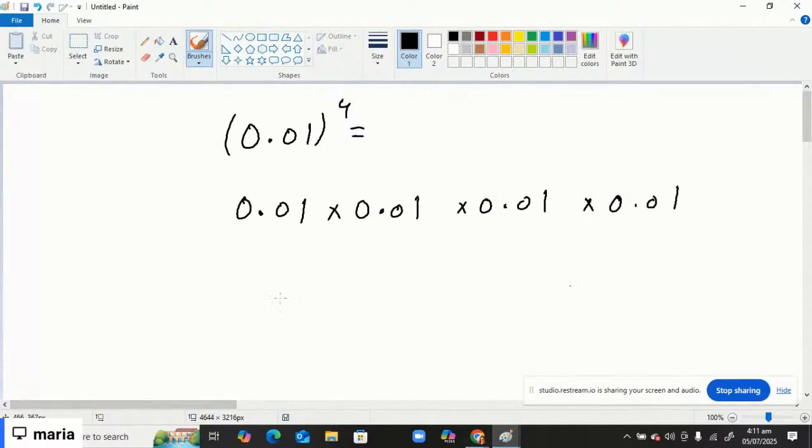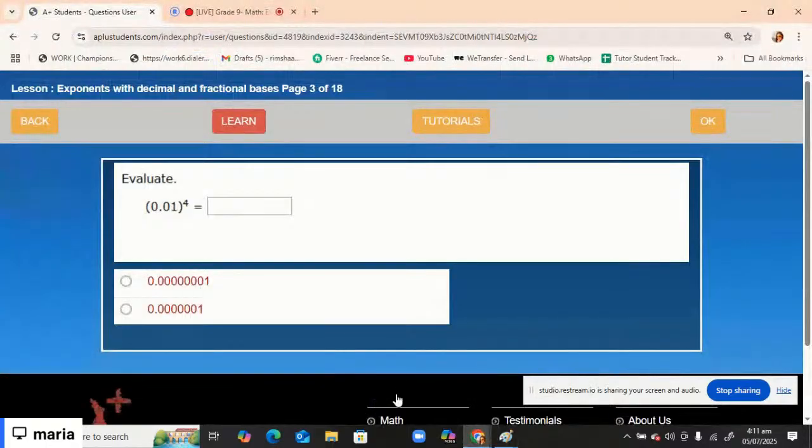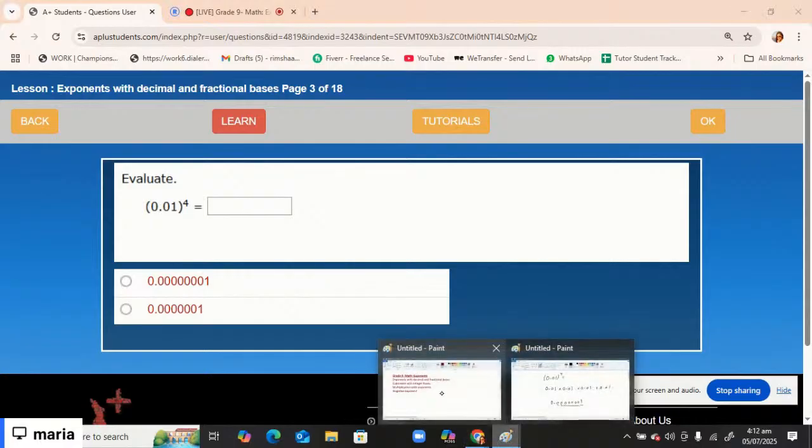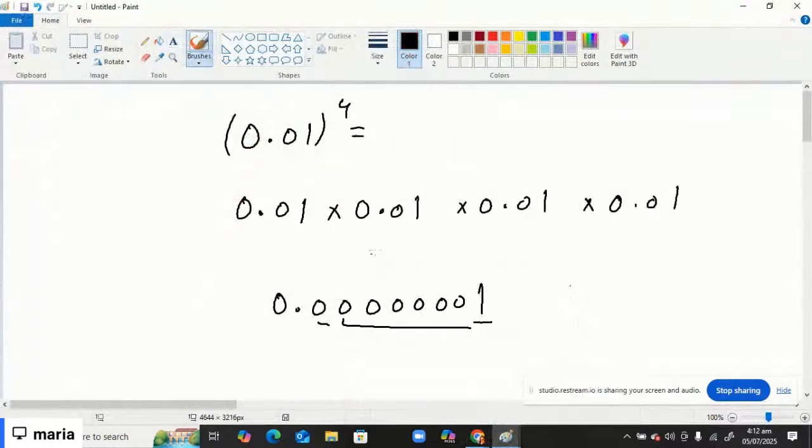We are putting it out here, 0.00. On the eighth place we are going to put, because this and this are already given, so the remaining we are putting that. Okay. So let's count it and then check which one is the right option. You check it out, this one is your right option.